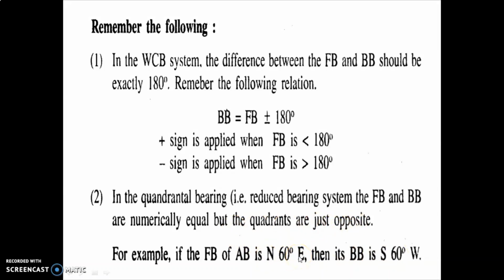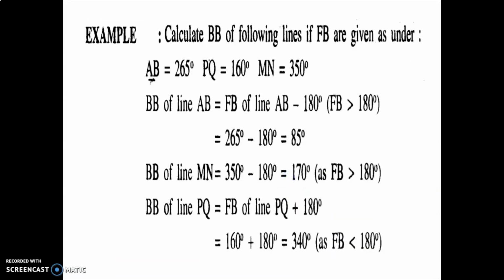The opposite of north-east is south-west. So if your forebearing is north 60 degrees east, the back bearing will be south 60 degrees west. This is very simple, and you can remember it easily. Now here one example is given.